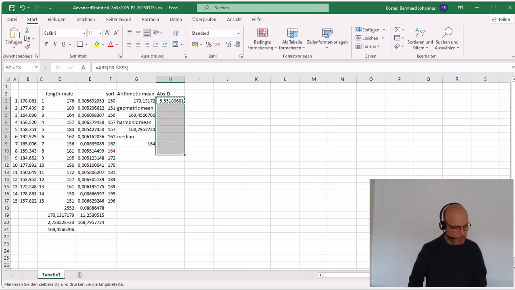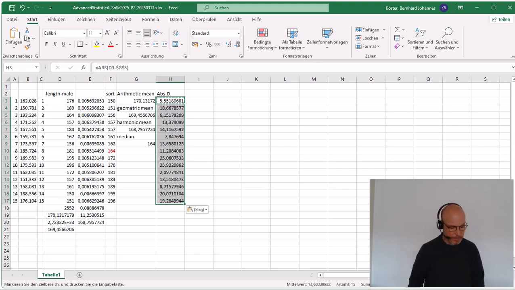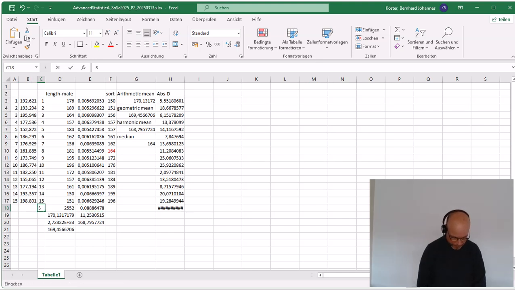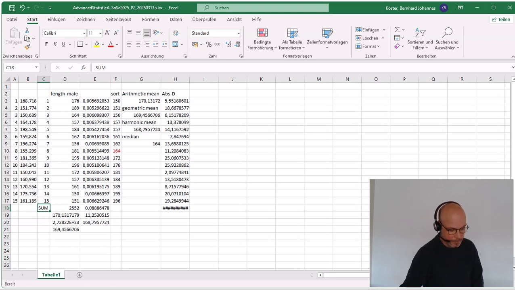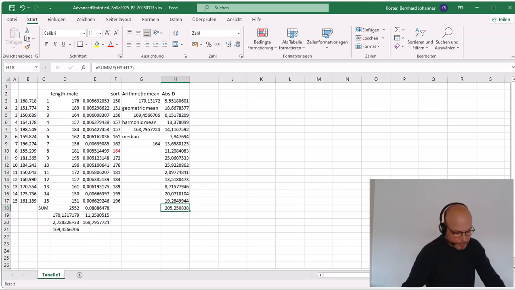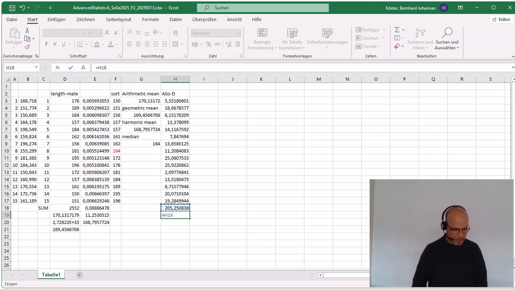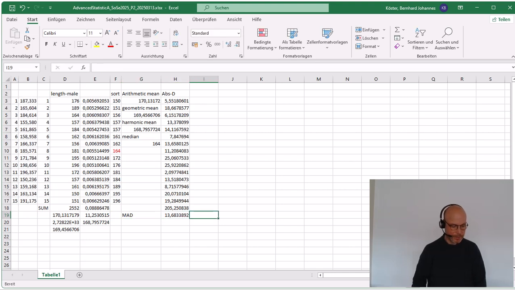Now we have it down, and summing up, and dividing by 15. This is the mean average distance.